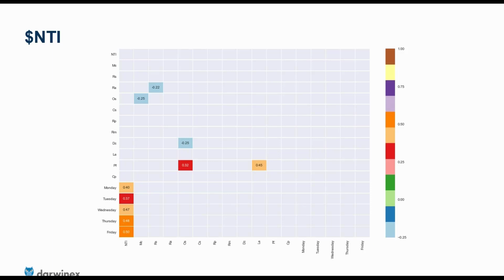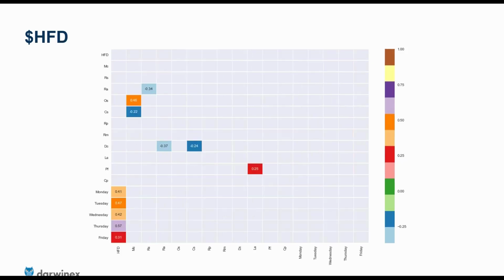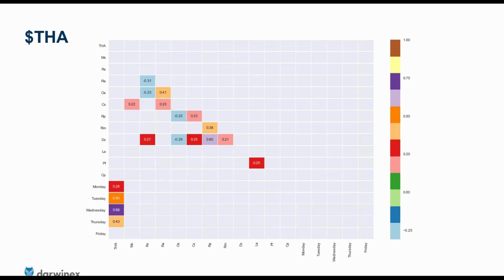So you can't really put a handle on which day it is, but what you can conclusively say is that there is alpha to be considered on those Thursday and Friday days. Then HFD's case, the same, Thursday, and in THA's case again, Wednesday.